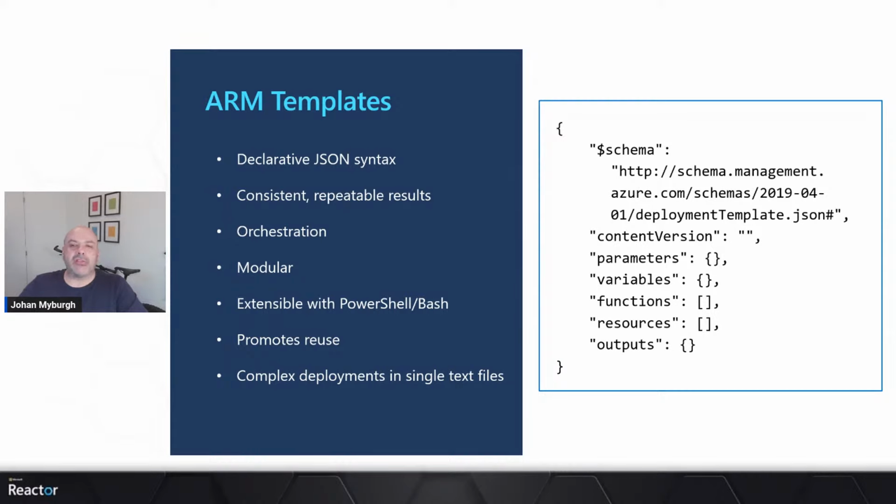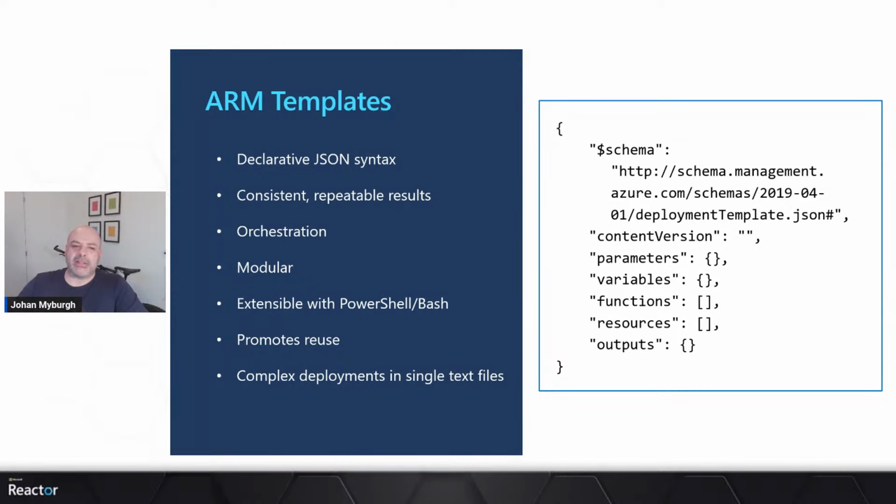ARM templates promote reuse, and this is really what you're trying to achieve here. You don't want every administrator in your organization to be deploying resources in their own unique way. That's when you get that inconsistency that we're trying to get away from.